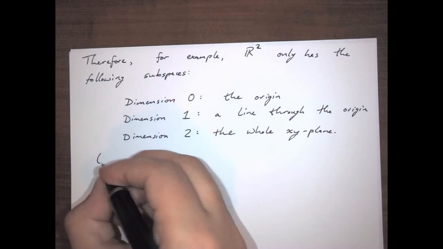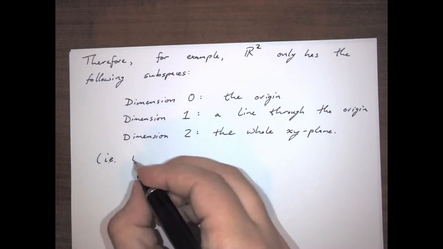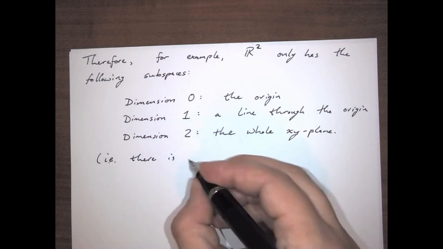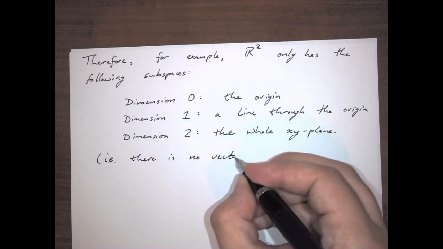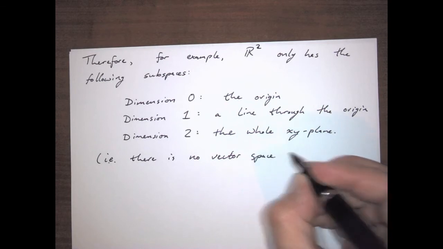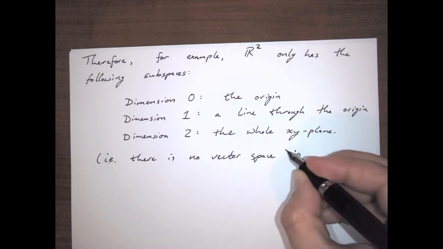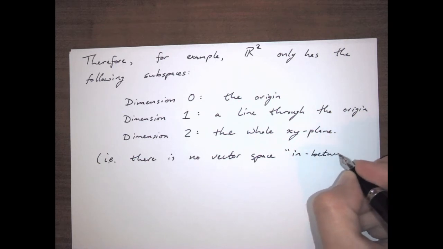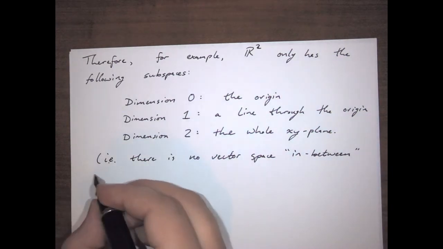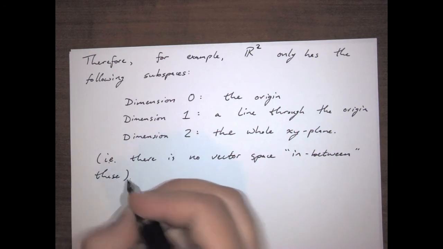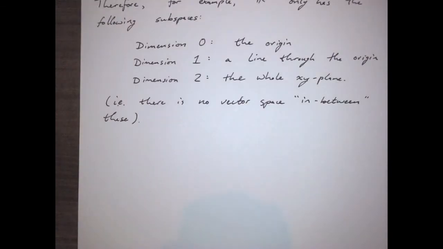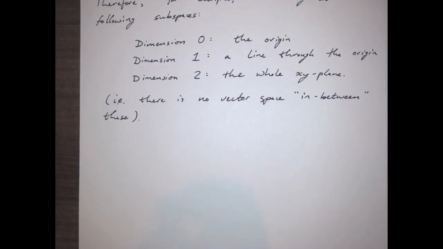So, i.e., there is no vector space in between these. So, henceforward, if you are ever asked whether, for example, quadrant 1 is a vector subspace of R2, the fact that it is more than a line but less than the whole plane automatically gives you a thumbs down.